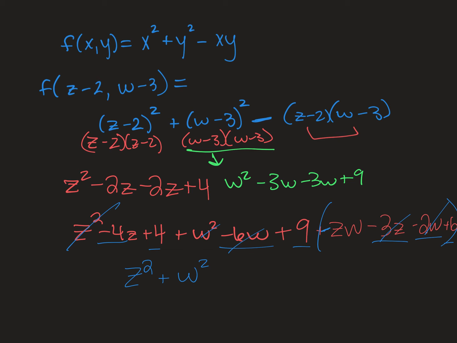And then we have our wz or zw, whatever. And then we have a 1z and a negative 4w and then a plus 7, because we're going to add 9 and 4 and then subtract 6. So for these, you just have to FOIL and really watch your signs.